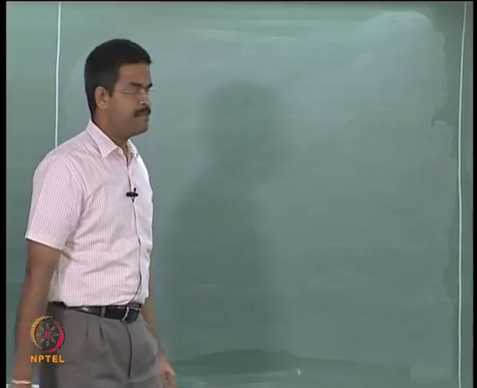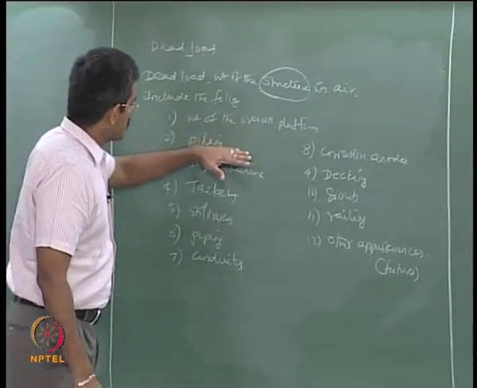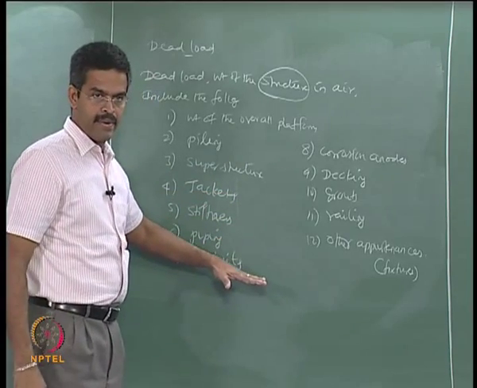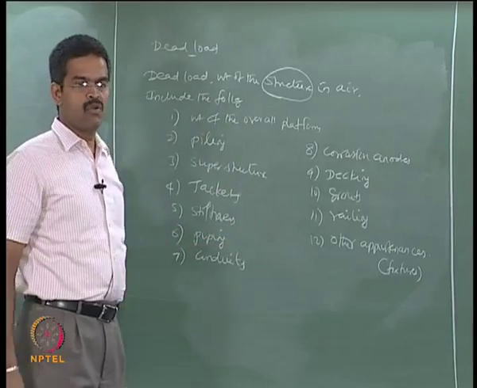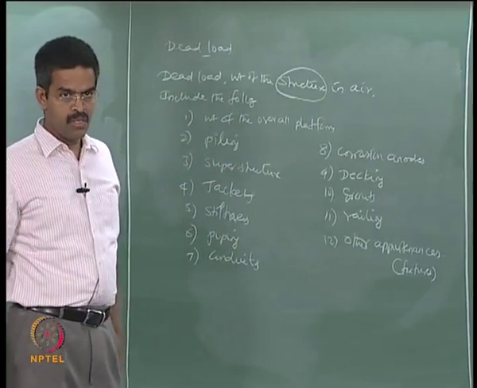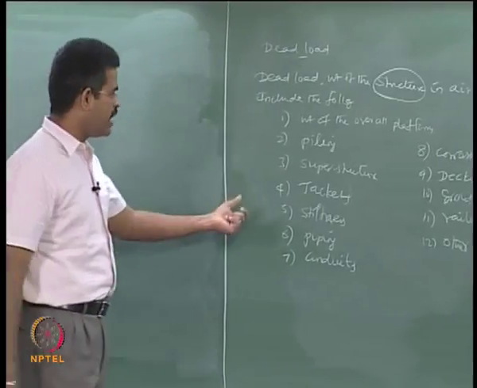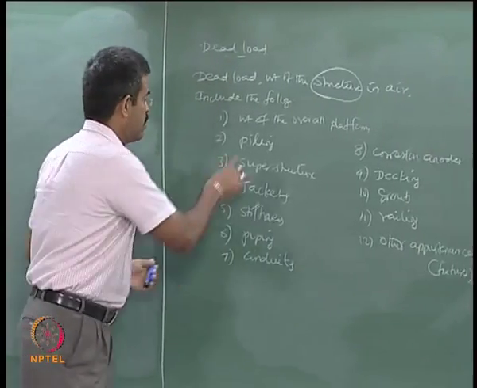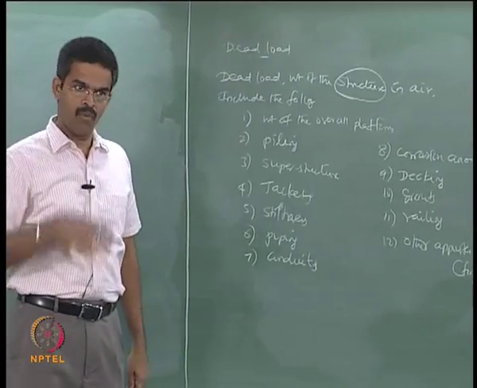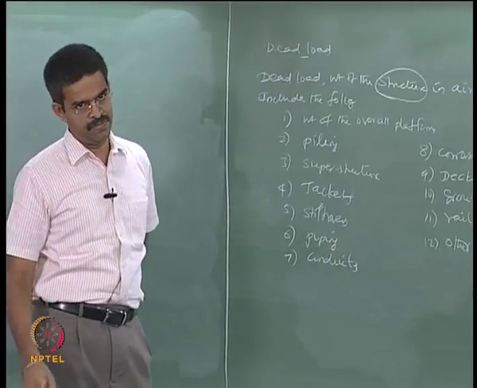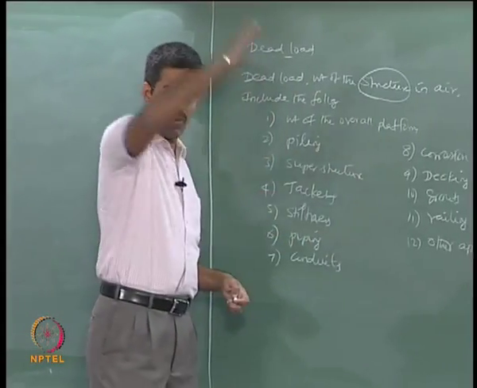Look at the literature, try to find out approximately the weight of each component in air, okay. There are very many kinds of platforms already installed. Look into the Wikipedia of every platform. There are certain books which have been advised to you in the literature, read them, you will find a tabular column giving weight of each component approximately in terms of the percentage of the overall weight, and the overall weight is of course given in the literature, okay. Try to get an idea of how they are contributing to the overall weight, okay.